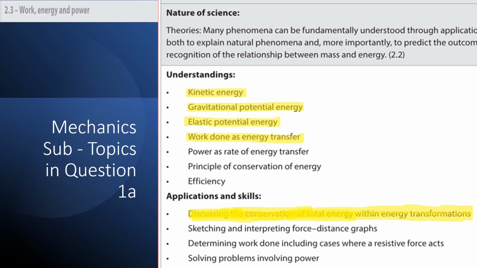And then the applications is how to apply the conservation of energy using this idea of energy transformation, so transferring one form of energy to another. As you will see, we are specifically transferring elastic potential energy in our spring that is controlled by the motor, and that energy is transferred to gravitational potential energy and kinetic energy.